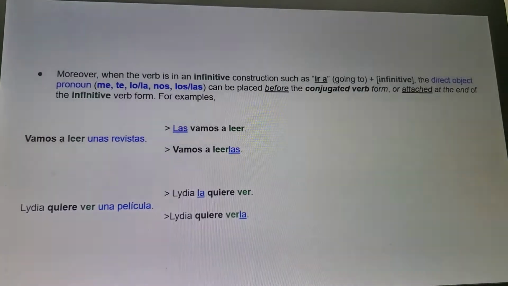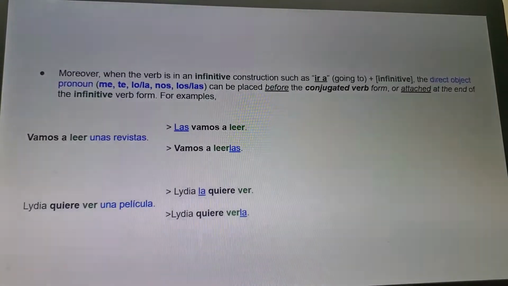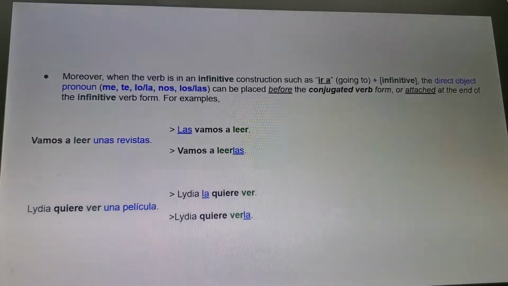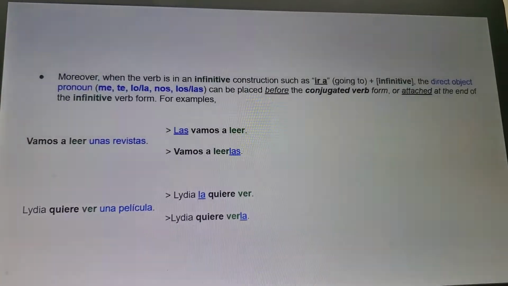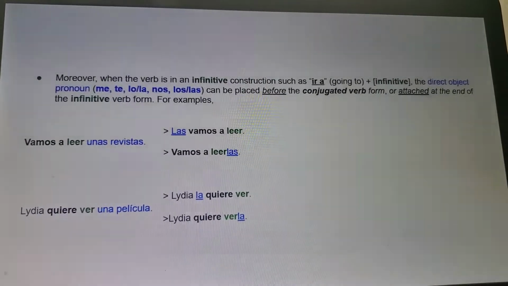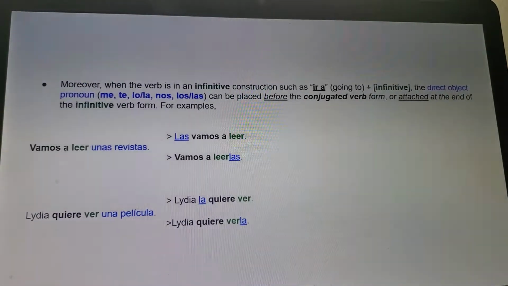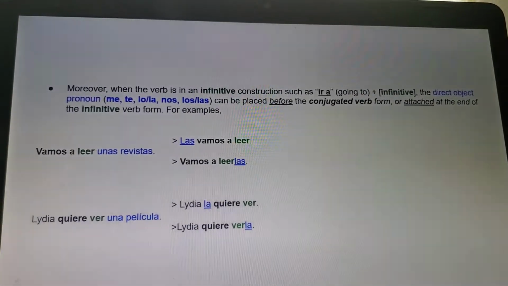Moreover, when the verb is in an infinitive construction such as ir a plus infinitive, the direct object pronoun like me, te, lo, la, nos, los, las can be placed before the conjugated verb form or attached at the end of the infinitive verb form.